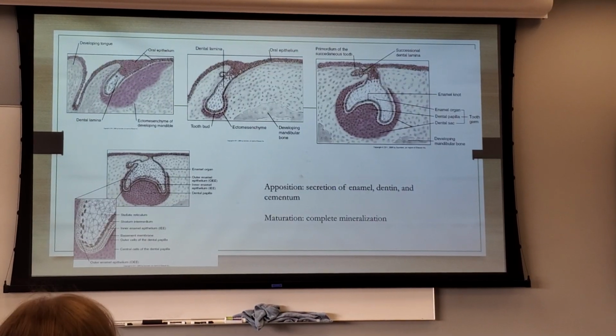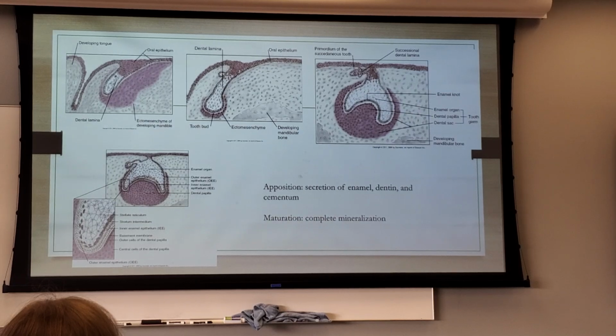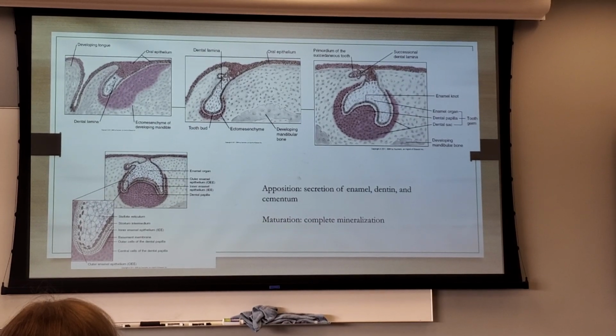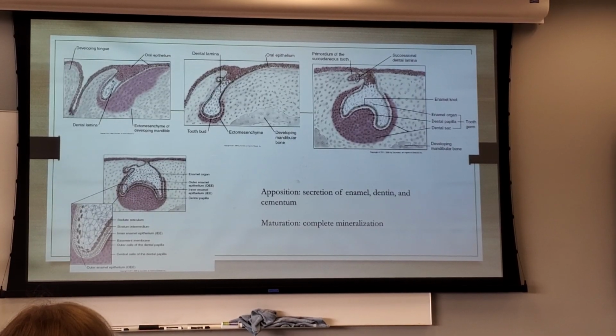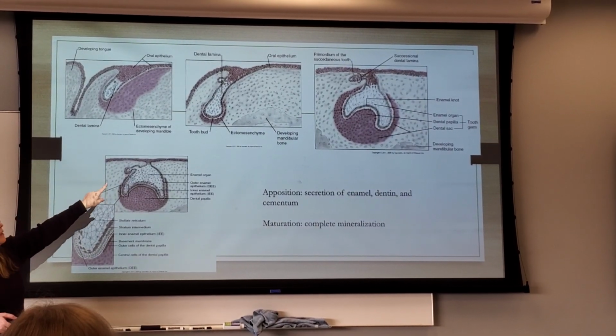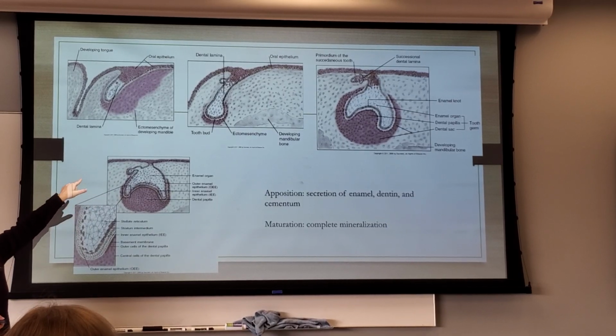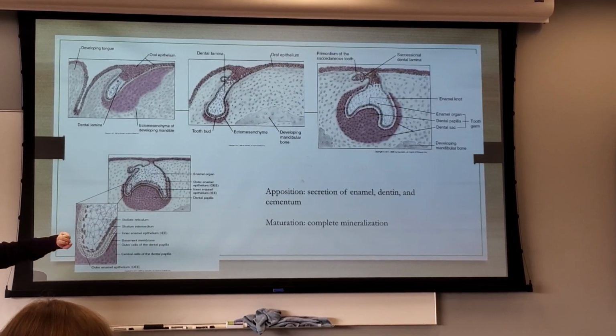So, top left picture is our initiation. So it's just starting to drop in. We can see in the picture we have our developing tongue, but we're just starting to drop in and make it, this is going to be a tooth. Then we go to the bud. Start to round a little bit, so it's like on a tree.